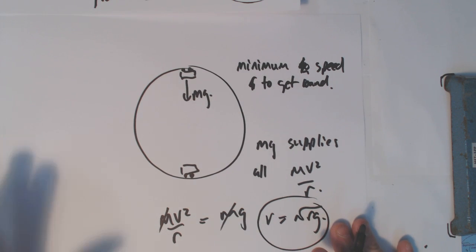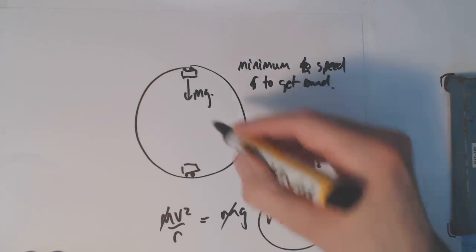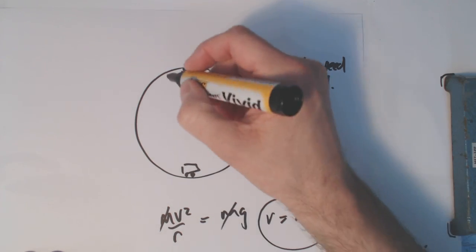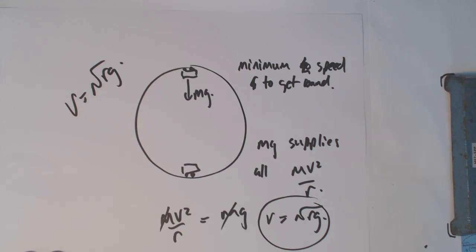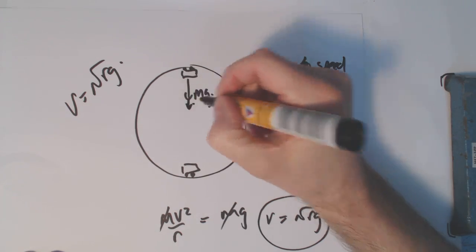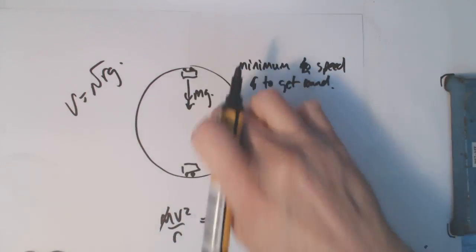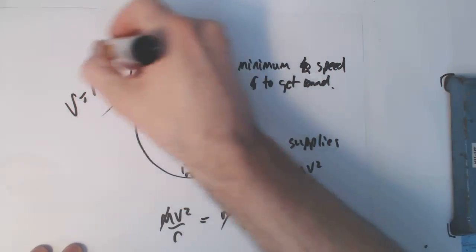If you're going faster than that speed, v equals square root of rg, then you're going to need a bit of reaction. So if v equals square root of rg, say it was 10 meters a second, if you're going 12 meters a second, you're going to need a little bit of reaction force. That mg, though, will supply the centripetal force to go round at that speed.